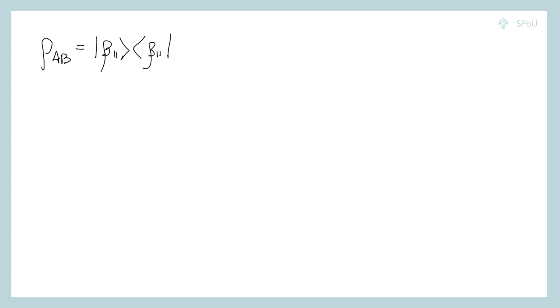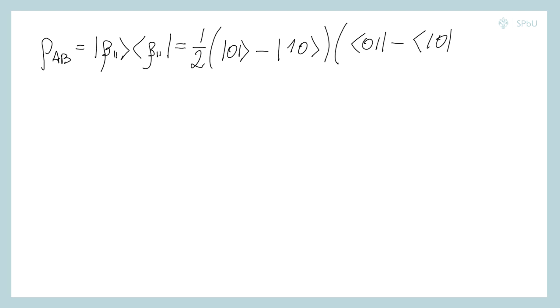Let's use the definition of the Bell state and rewrite this. 1/2 (ket 0,1 minus ket 1,0) and (bra 0,1 minus bra 1,0). Now we can open the brackets.